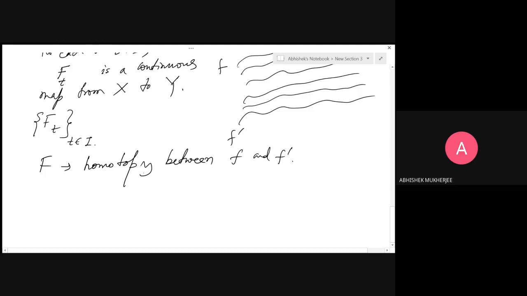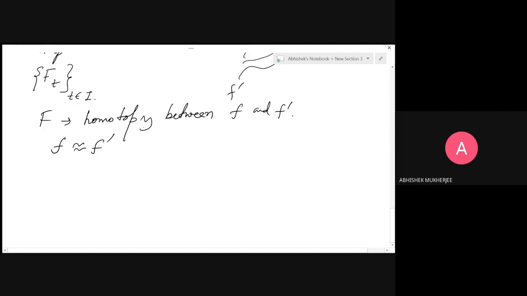We can denote this fact as f is homotopic to f dash, meaning there exists a map from X cross the closed interval 0 1 to Y such that at time 0 the map is f and at time 1 the map is f dash.